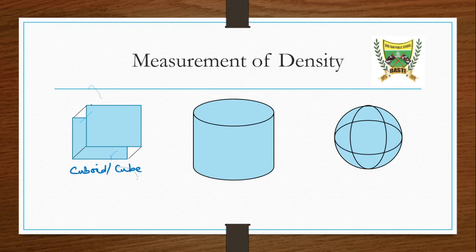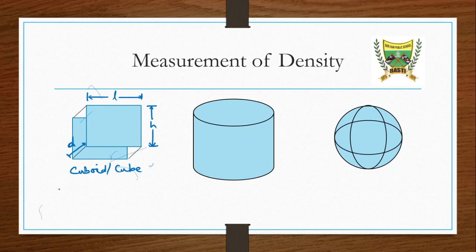So we know inside a cube or cuboid we have a length, its width, or let's say this one is height, and this is the thickness or depth of the cube or cuboid.